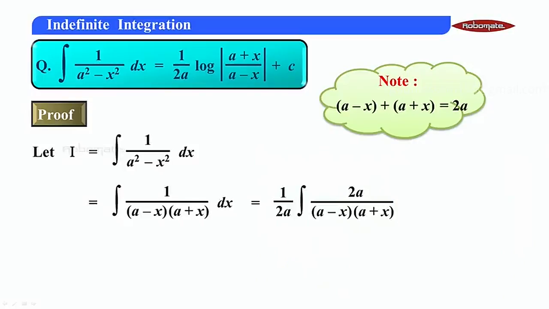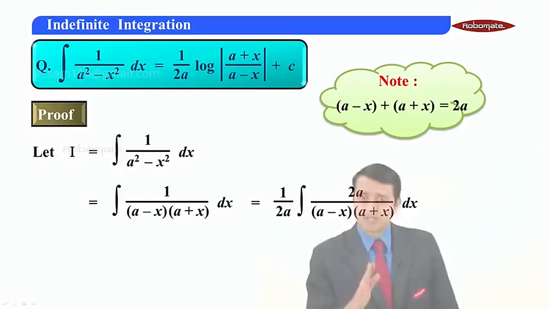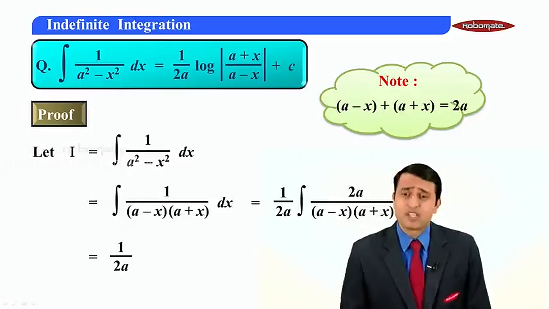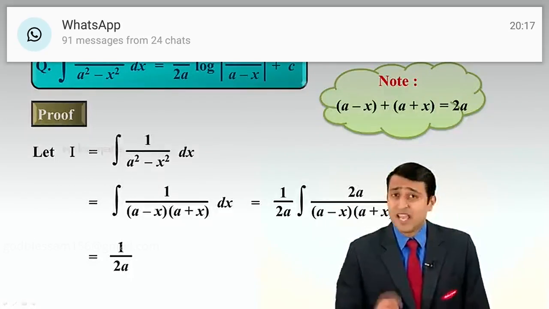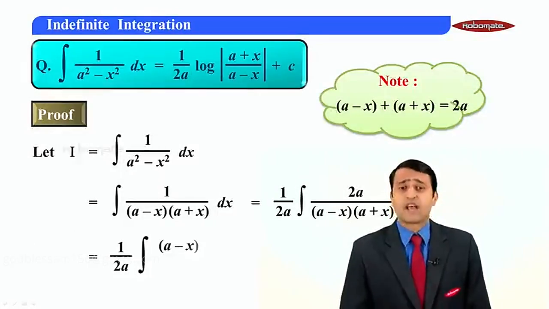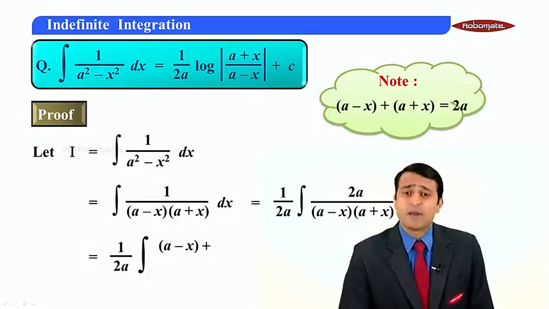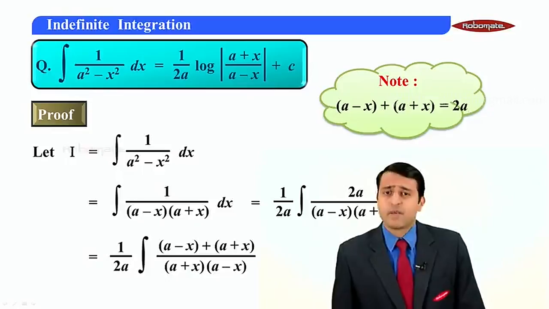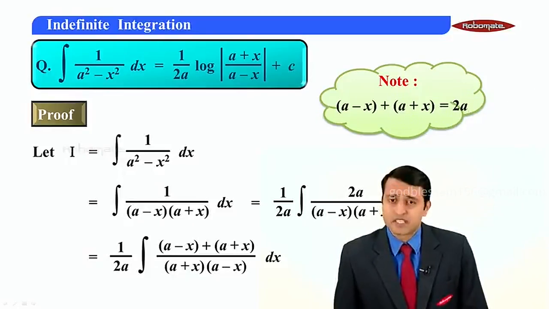Is that okay, my dear students? What we are doing here, we will learn in detail in the later modules. As of now, we'll keep it as it is. Now in the next step, what we'll do is keep that 1 by 2a as it is, and instead of 2a, we will write a minus x plus a plus x upon the same in the denominator, a minus x, a plus x, dx is as it is.